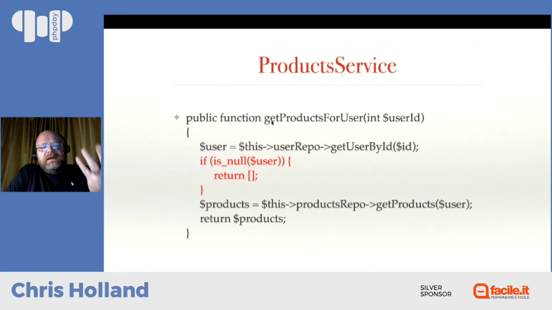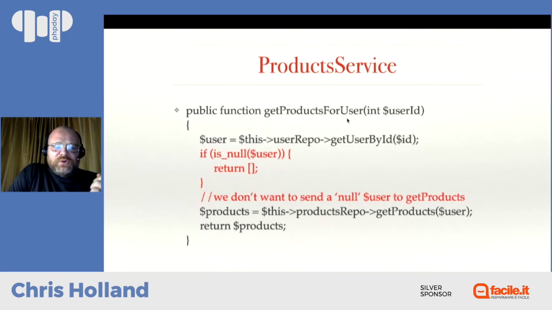This get products for user is expecting an array of products back. So since I could not find a user, I'm going to return an empty array. I'm going to say I didn't find any products. Obviously we don't want to send a null user to get products here, so that's why we're handling it.